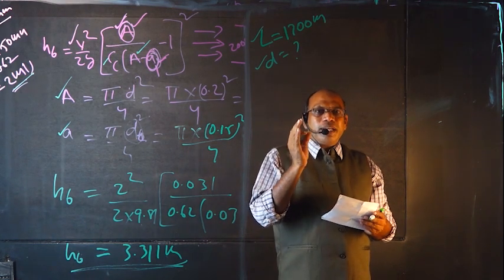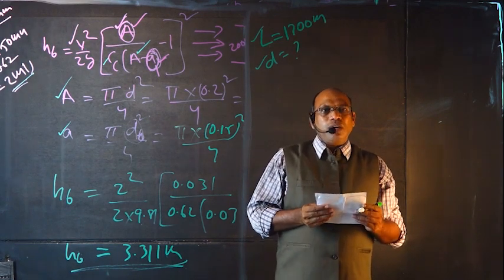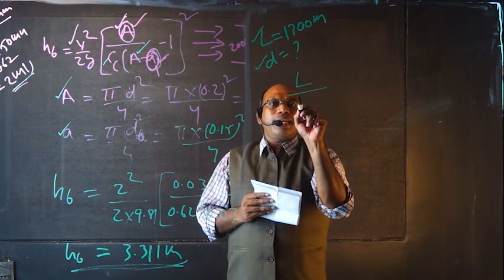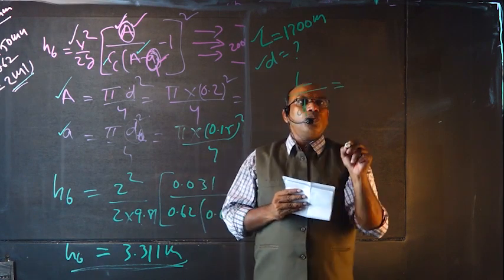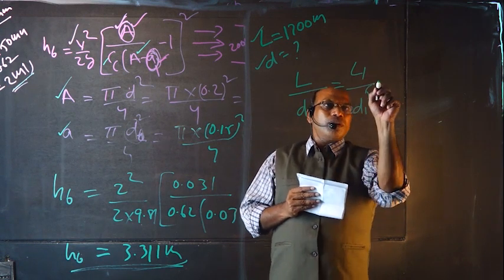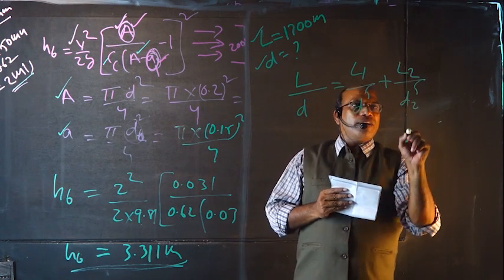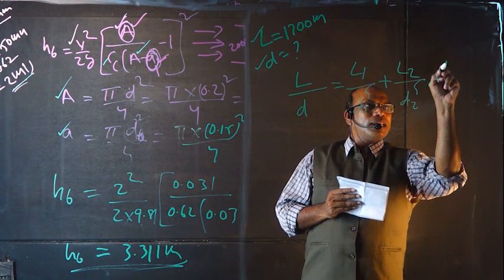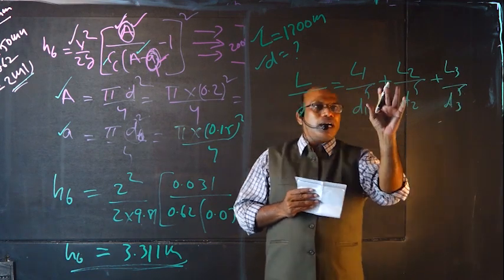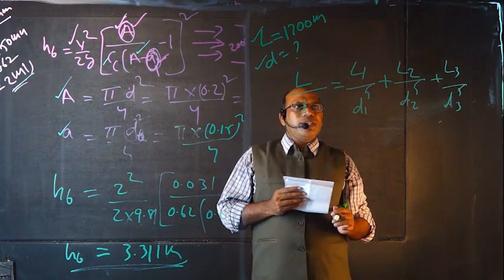As per the equivalent pipelines, the formula for the equivalent pipes is L divided by D power 5 equal to L1 by D1 power 5 plus L2 by D2 power 5 plus L3 by D3 power 5. This is the formula as per the equivalent pipes definition.